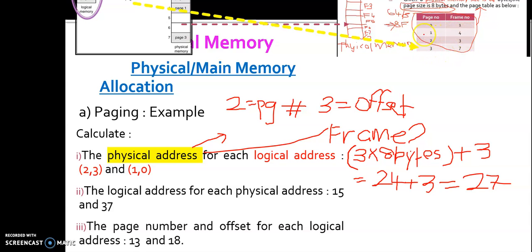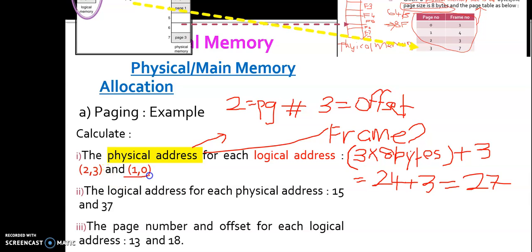Page number 2 refers to frame number 3. That's why we have 3 here, multiplied by the page size or frame size. The page size is 8, right? So multiply and add the offset value, which is 3. You get 24 plus 3, which is 27. So the physical address for 2, 3 is 27.